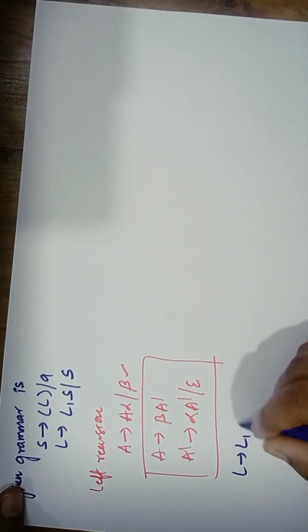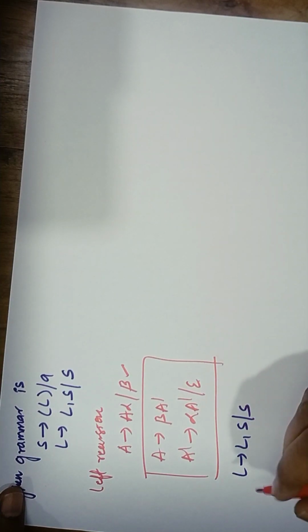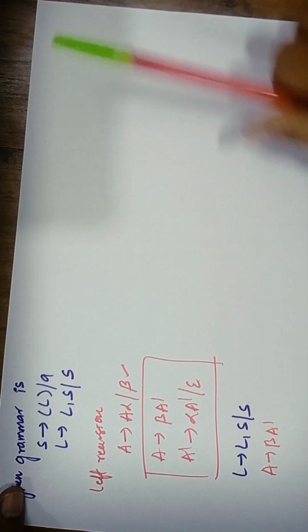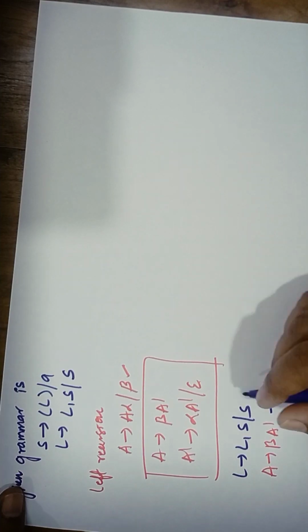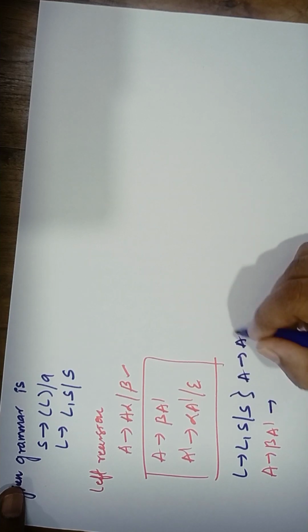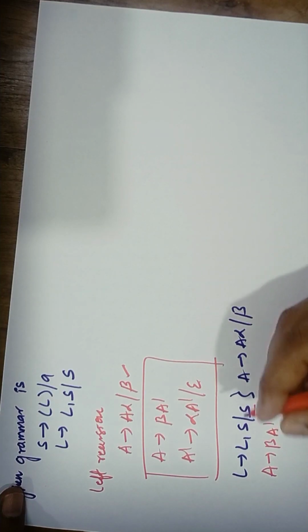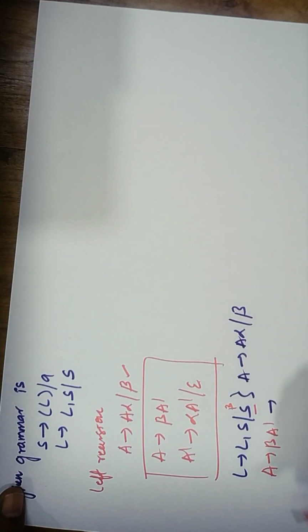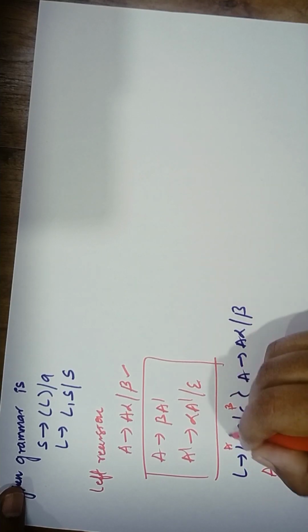So L tends to L, S or S. Here we need to compare with A tends to beta A dash, and with A tends to A alpha or beta. So here this is beta, this is A, and this is alpha.